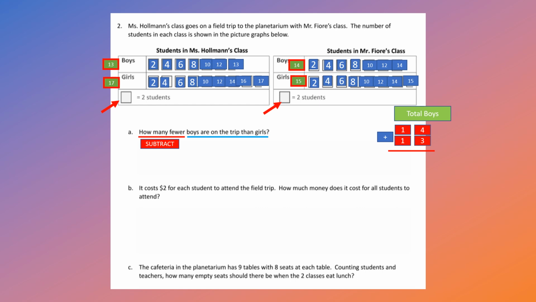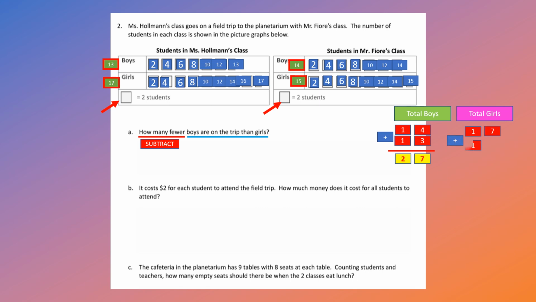Now I start with my ones place. What's 4 plus 3? That's right, 7. And 1 plus 1? Perfect, it's 2. So that means I have 27 total boys that went on this field trip. Now let's figure out how many total girls went on the field trip. In Miss Holloman's class, there were 17 girls.